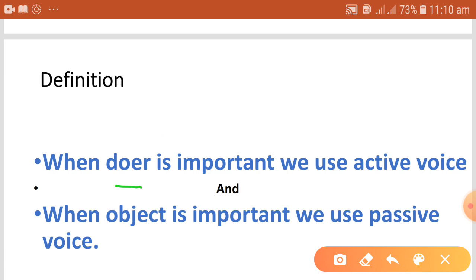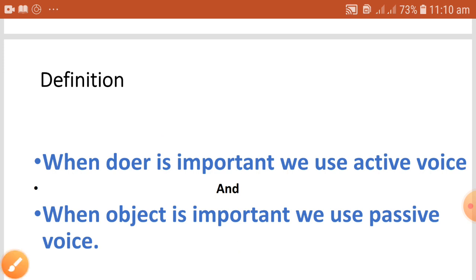Second is passive voice. When do we use passive voice? Yes, when the object is important, we use passive voice. In the passive voice, the subject is not the doer of the action.